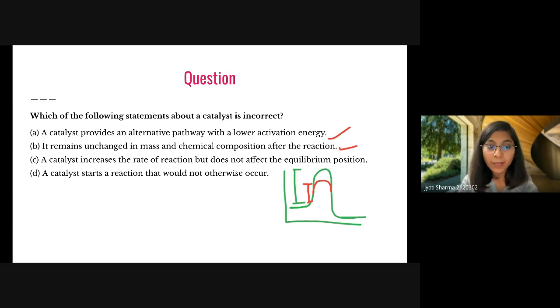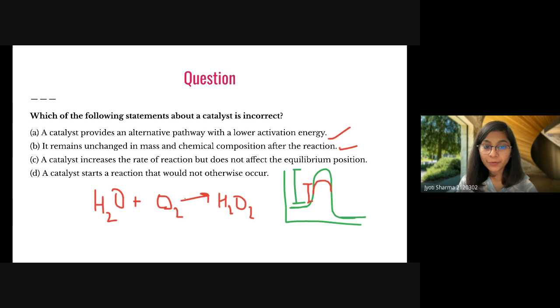For example, if we are forming H2O2, let's say water plus oxygen is giving you hydrogen peroxide.